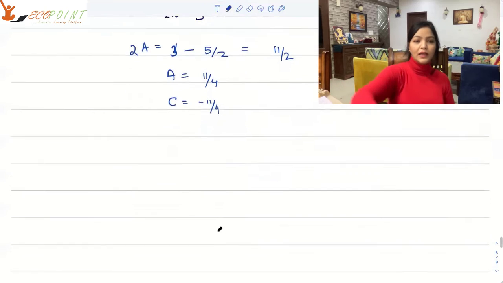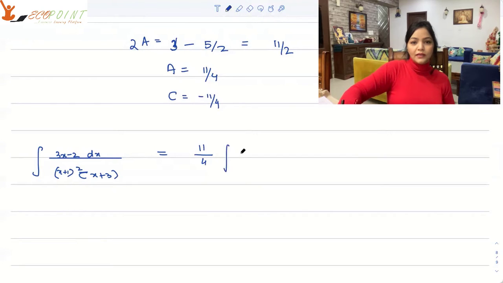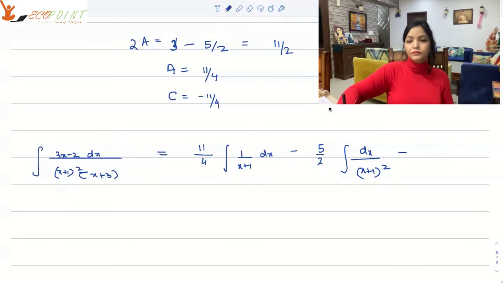So your integral, the integral of 3x minus 2 dx whole upon (x plus 1) square into (x plus 3), will look like 11 by 4 integral 1 upon x plus 1 dx minus 5 by 2 integral dx upon (x plus 1) whole square minus 11 by 4 integral dx upon x plus 3, right?